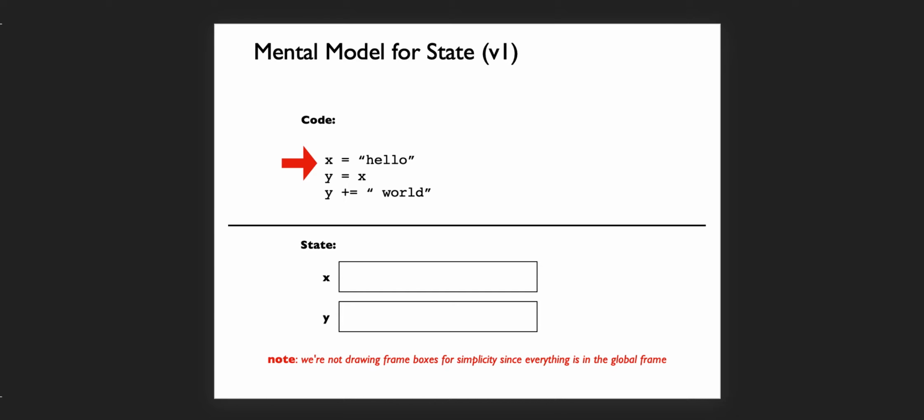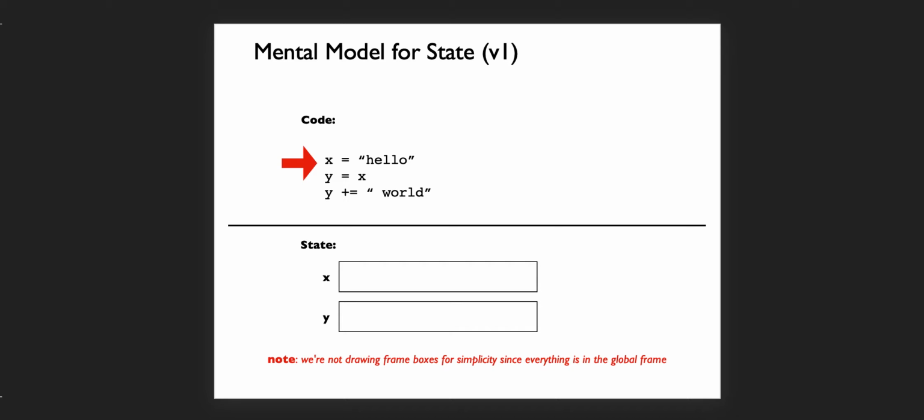The first thing that I want to do is a quick recap of the mental model that we have seen so far for the state of a variable. Suppose you have a simple snippet of code where the variable x has the string hello, y is set equal to x, and then we add on the string world to y.